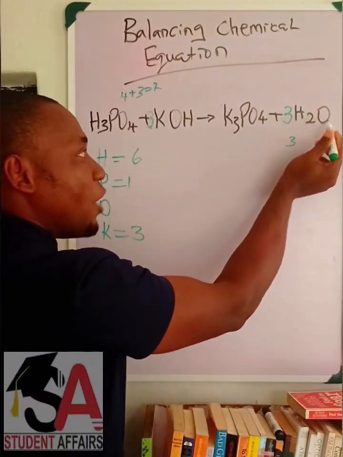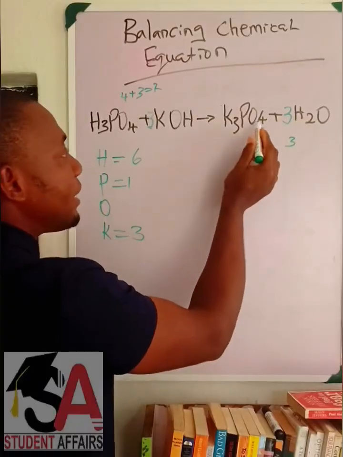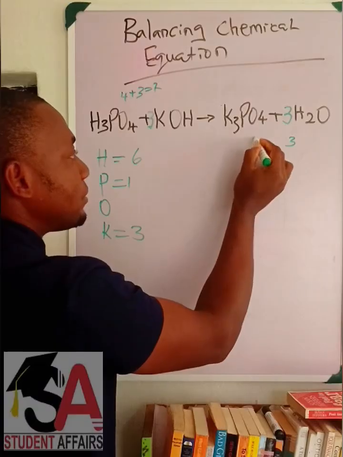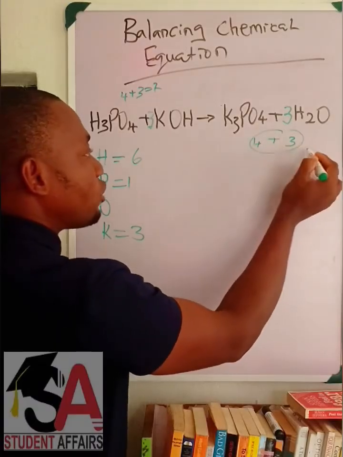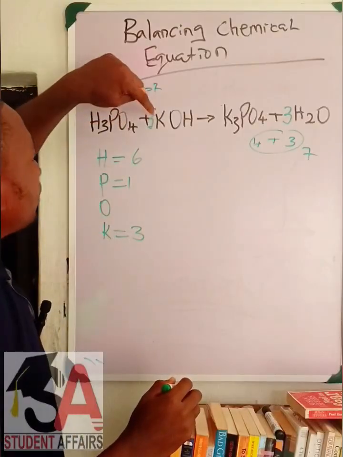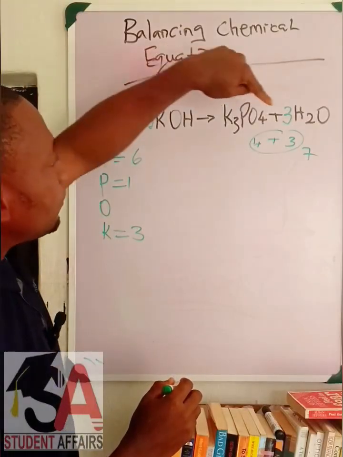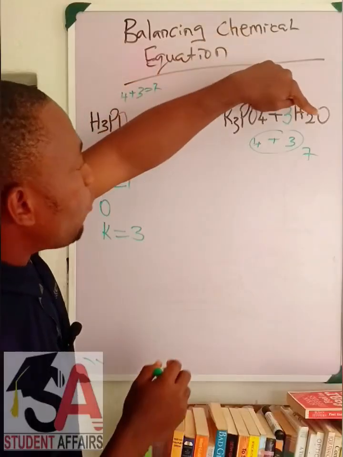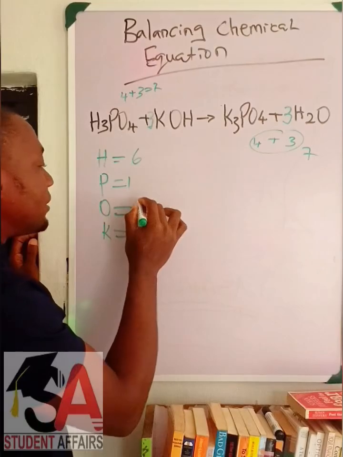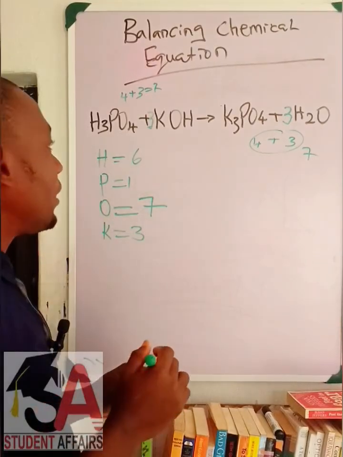So whatever you have here will be multiplying the 3. So we have 3. How many oxygen do we have here? We have 4, right? 3 plus 4, 7. So we also have 7 oxygen.